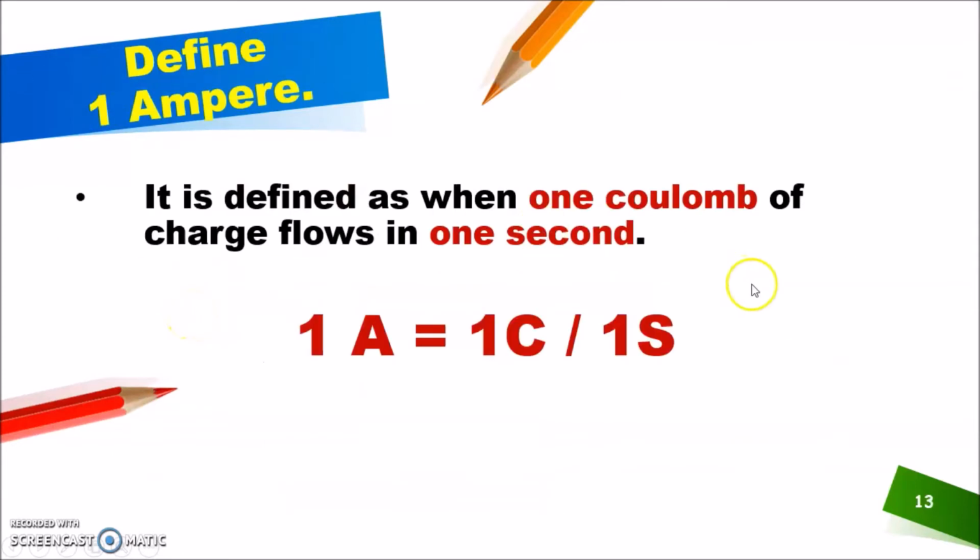This is the simple one. 1 ampere equal to 1 coulomb on 1 second. So we can define this 1 ampere as when 1 coulomb of charge flows in 1 second. Clear? Okay, let's move forward.